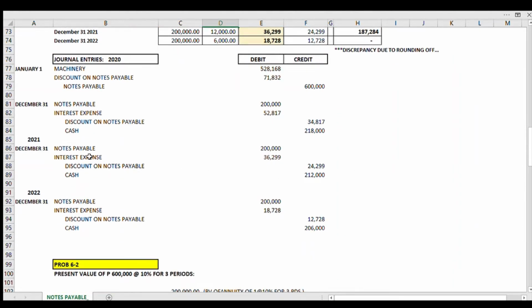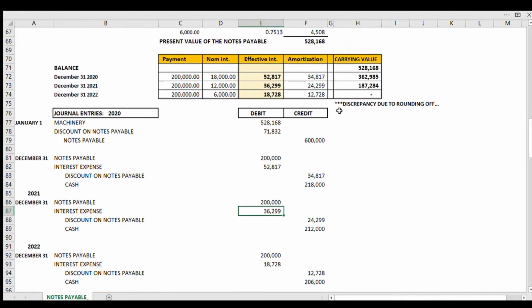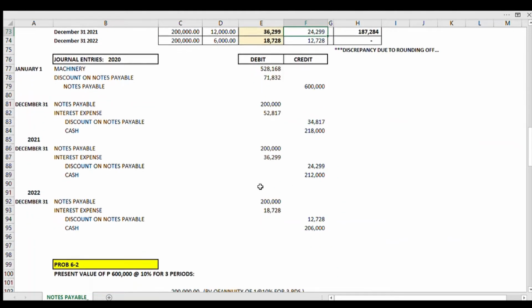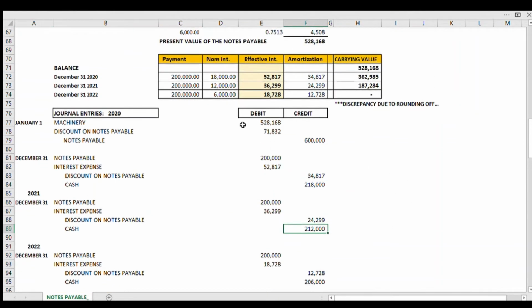For the second year, the same: debit notes payable 200,000, interest expense debit 36,299, and the discount amortization 24,299, and lastly the cash payment of 212,000, that is 200,000 plus 12,000.